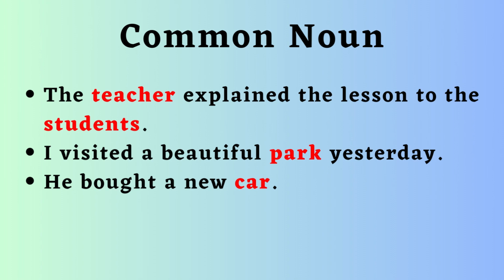Here the common noun is car. So, common nouns are essential for general communication as they provide the basic vocabulary needed to describe everyday objects and concepts. So, there is no need for specifying unique or specific instances.